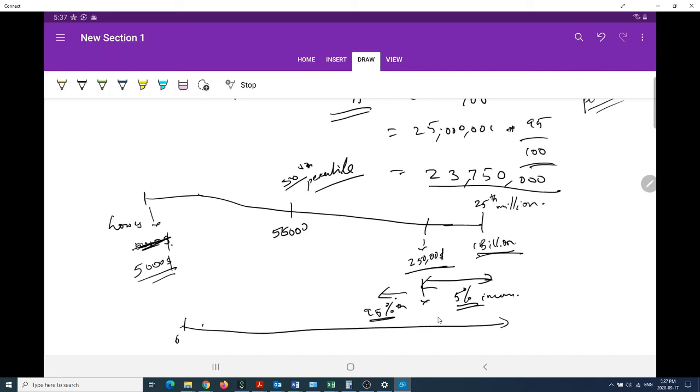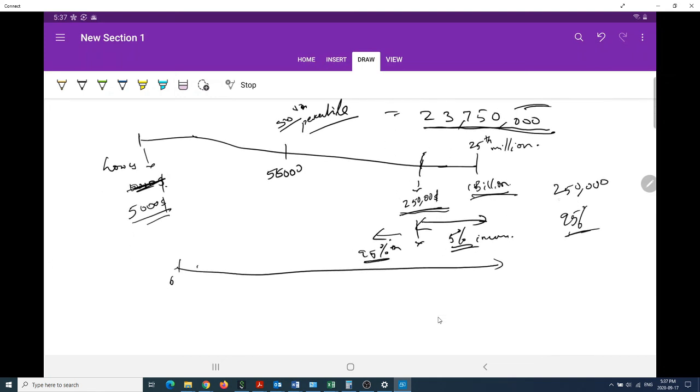As you keep going, let's say to the 95th percentile, after you count 23,750,000 salaries, you arrive at some value. Let's say that value is approximately $250,000. So if you earn $250,000, that means you're earning a higher income than 95% of Canadians. Okay, so that's the 95th percentile value, and you could use this as a cutoff.